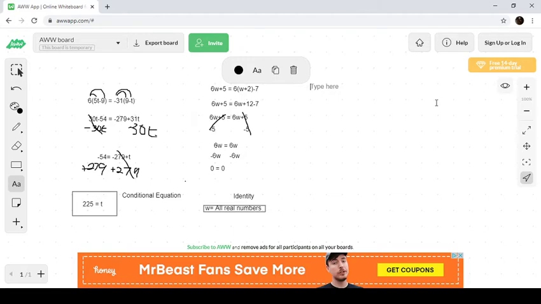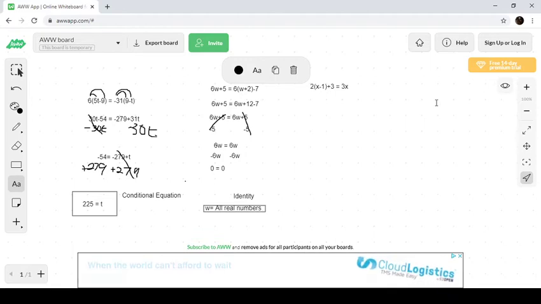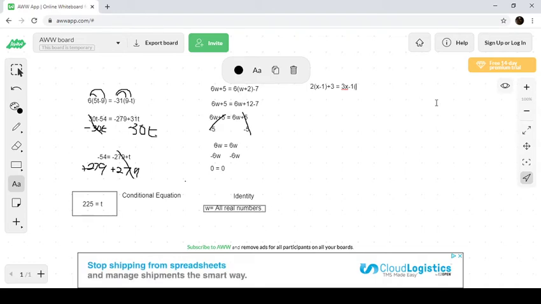So let's take a look at this one. We have 2 times x minus 1 plus 3 equals 3x minus 1 times x plus 4.